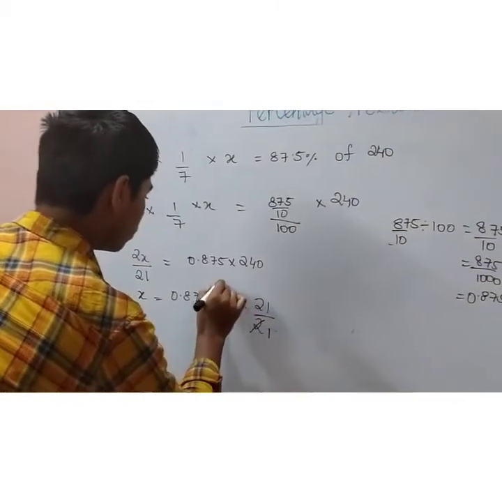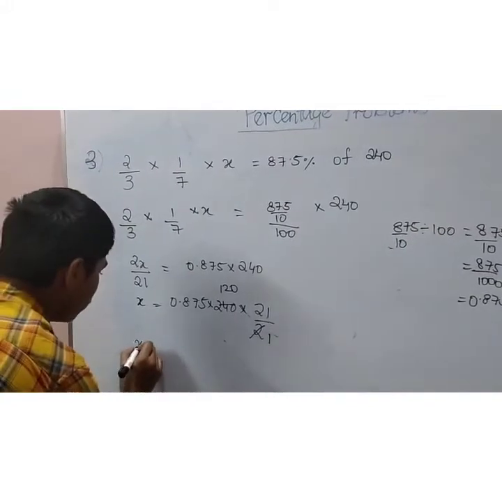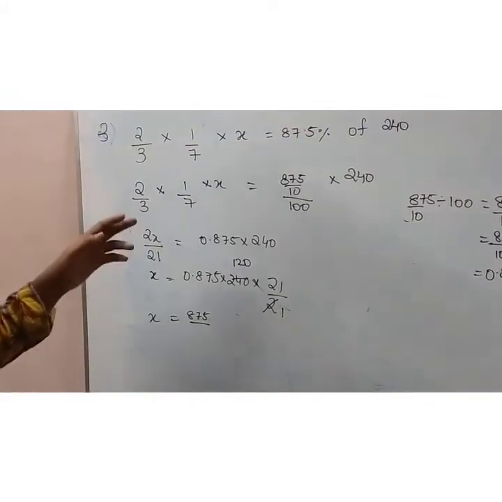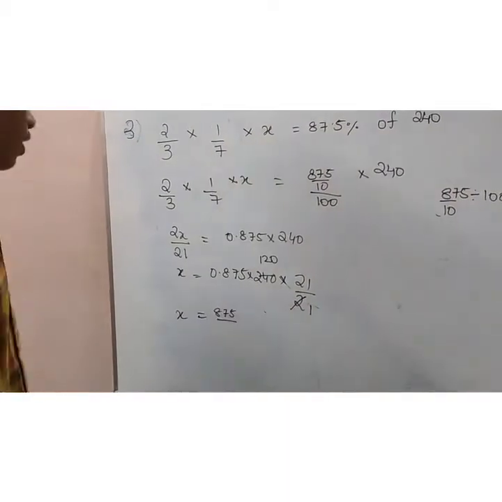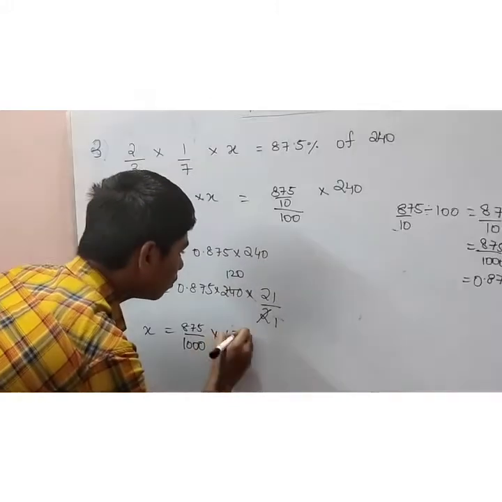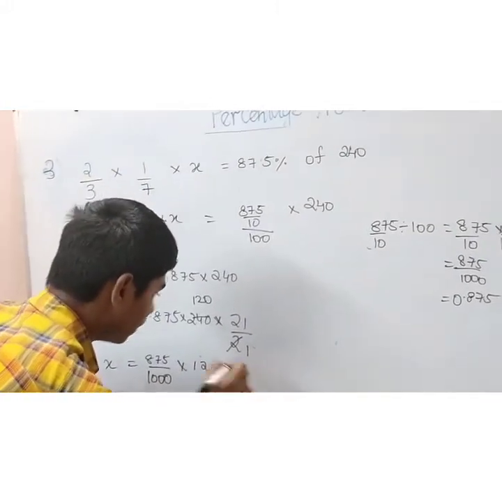2 ones 120s. Now 0.875 we can also write as 875 by 1000 into 120 into 21.